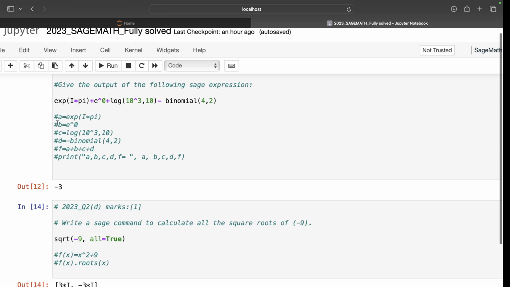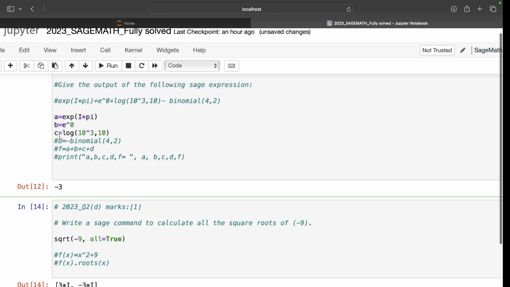So you can run this separately. Write a equal to exponential i times pi. First put a hashtag here, then remove the hashtag, remove the comment lines, and calculate this separately.